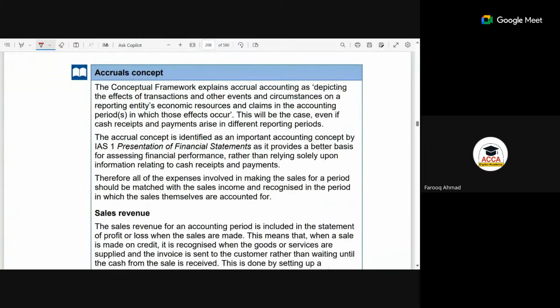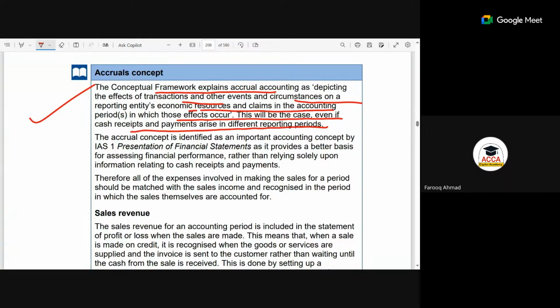The accrual concept, according to the conceptual framework, explains accrual accounting as depicting the effects of transactions and other events and circumstances on the reporting entity in the accounting period in which those effects occur. This is the case even if cash receipts and payments are in different reporting periods.